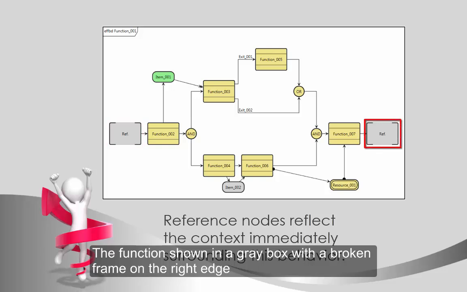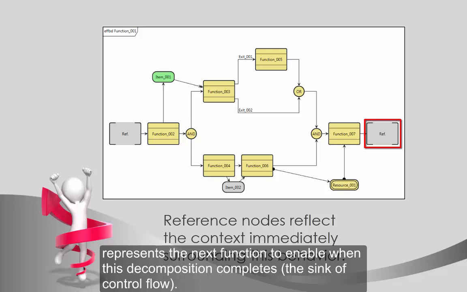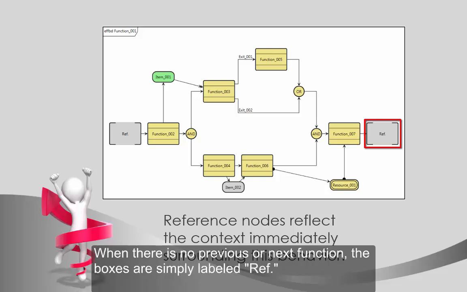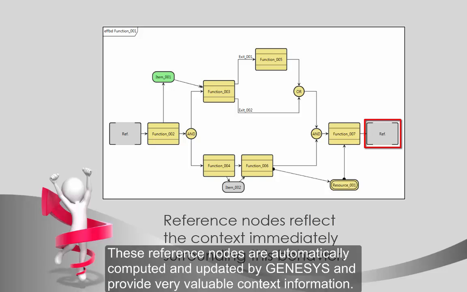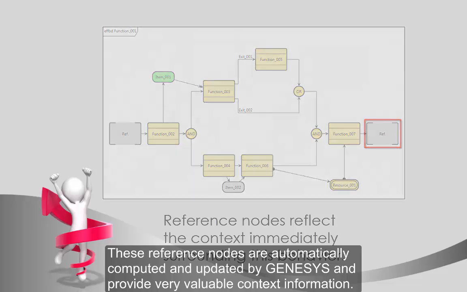The function shown in a gray box with a broken frame on the right edge represents the next function to enable when this decomposition completes, the sink of control flow. When there are no previous or next functions, the boxes are simply labeled ref. These reference nodes are automatically computed and updated by GENESYS and provide very valuable context information.